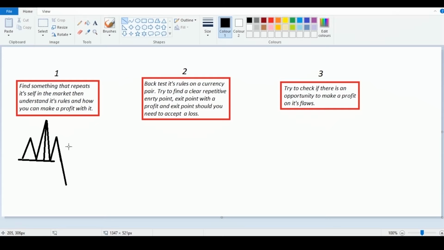Now, what is the repetition? You find 3 spikes. What are its rules? It must break the neckline before you are sure that it is going down. How do you make a profit on it? It goes down by the same amount as the head to the neckline, so you know how much to expect.